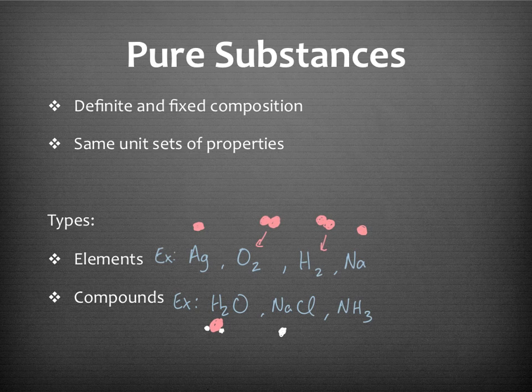NaCl could be like this. NH3. So at least two different types of elements have to be present for it to be a compound.